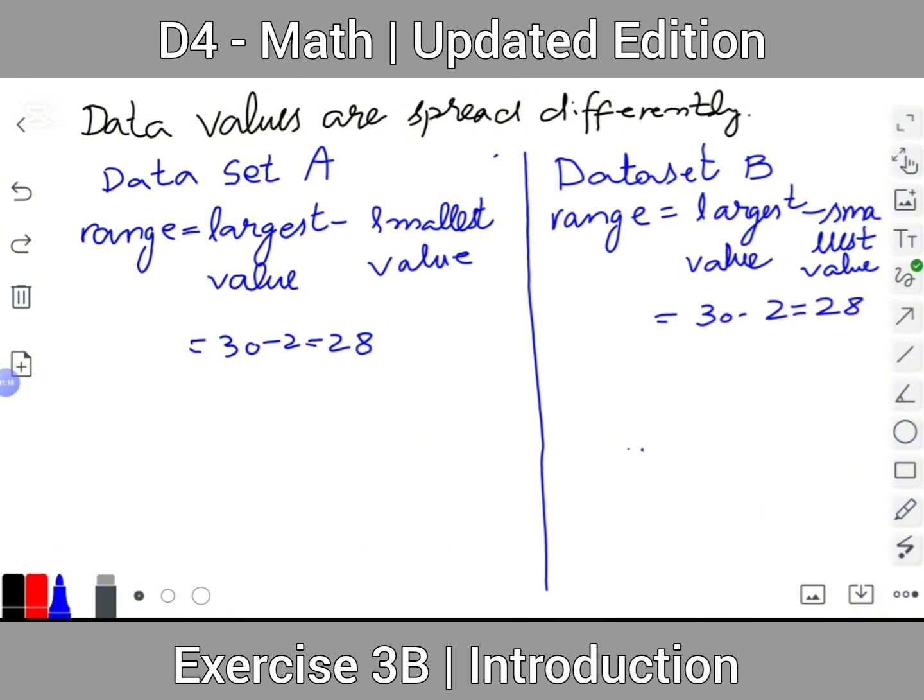Now we can see that the data values in the data set A are more spread out from 6 to 20. So the interquartile range is equal to Q3 minus Q1. And for the dataset A, we have Q3 20 and Q1 6. So 20 minus 6 is equal to 14.